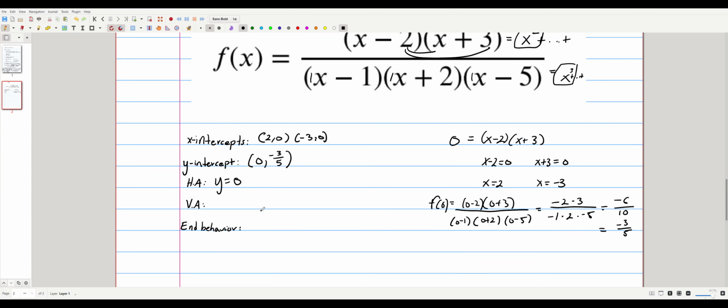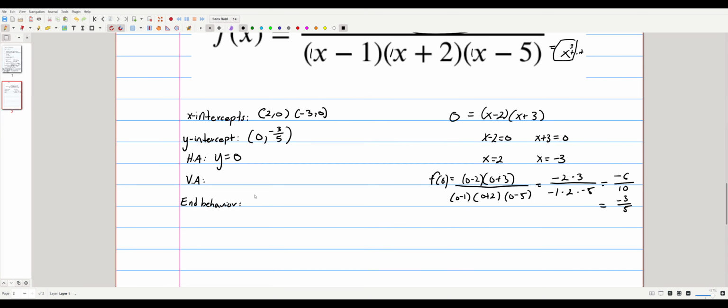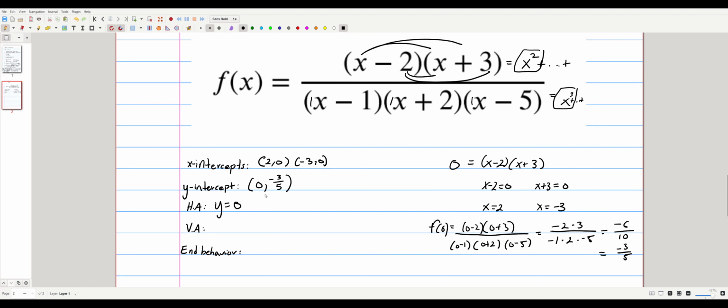Now, how do we find vertical asymptotes? Well, recall that vertical asymptotes are essentially domain restrictions. So they're numbers that we can't plug into our function. And so numbers we can't plug into our function only come about because of the denominator, right? Because of the numerator, there's no restriction for what kind of numbers can end up at the top.